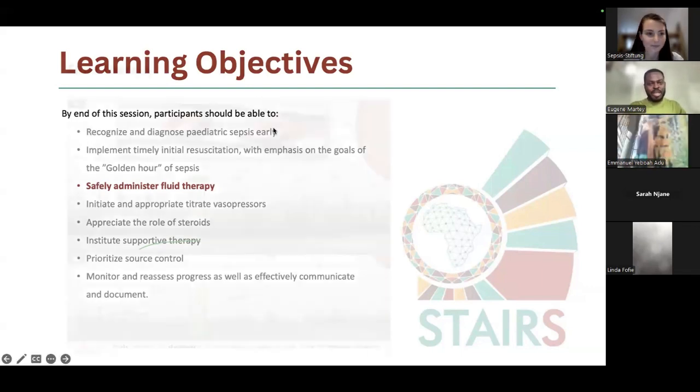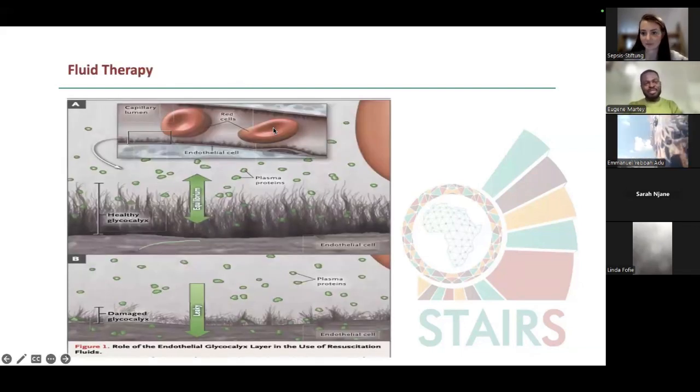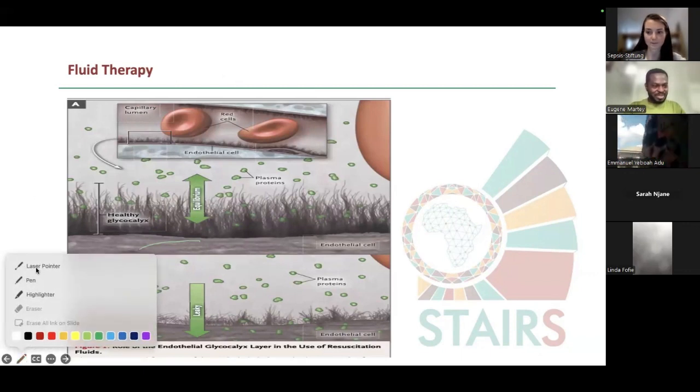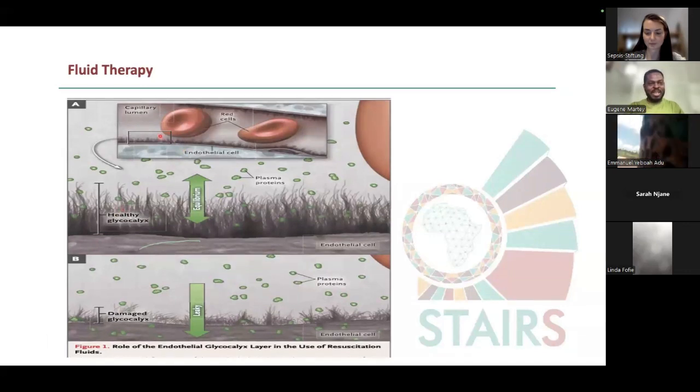So I would like to throw a bit of light on what happens in the patient's blood vessel when they come in with sepsis. So the top picture, let me look for my pointer. Good. I hope you can see my laser pointer. So the picture labeled A shows a normal, healthy endothelium.